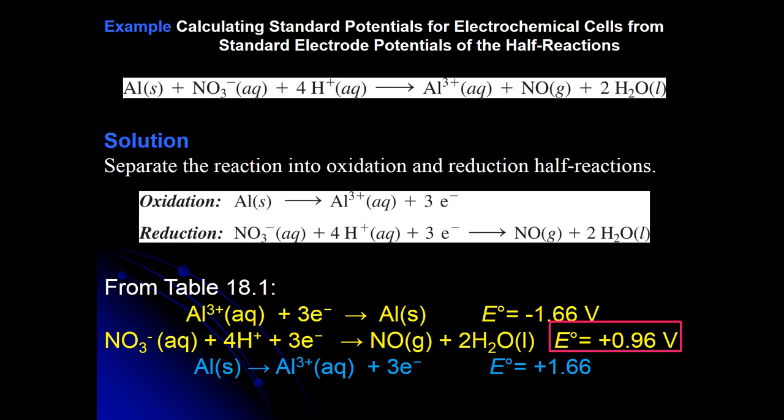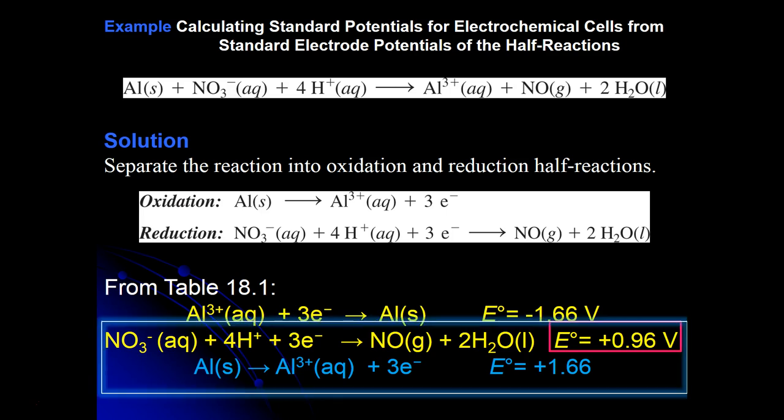And what's going to happen is that aluminum is actually going to get oxidized. So we're going to run that reaction in reverse. And that highlighted set of reactions is going to be the combination that occurs. The reduction, again, is going to be that top half reaction in the box. And our oxidation is going to be the one right below it for aluminum.